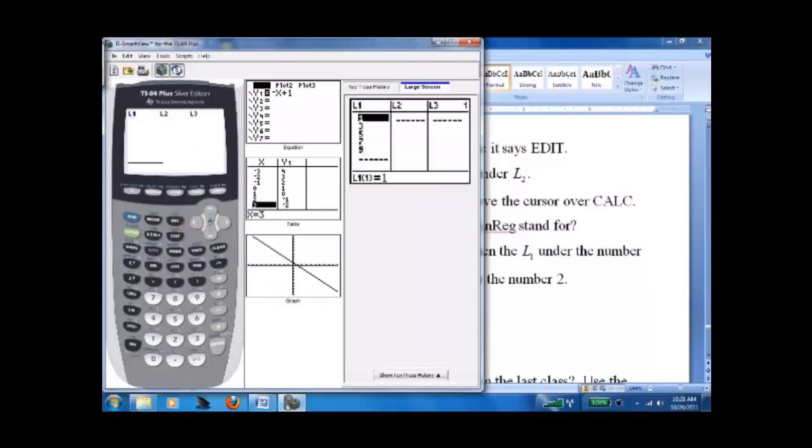Go over to this one. You can actually just write over these. Might as well delete. All right, so putting the years under L1. So that's 1991, 1992, and so on.